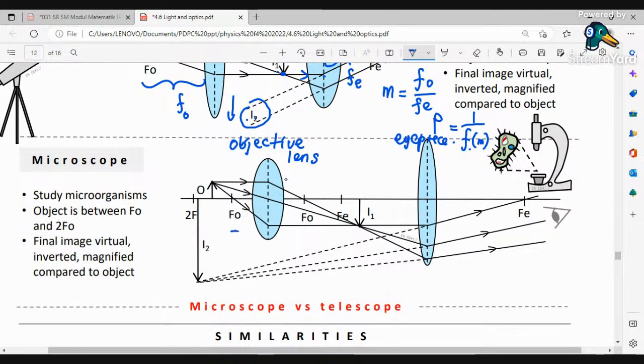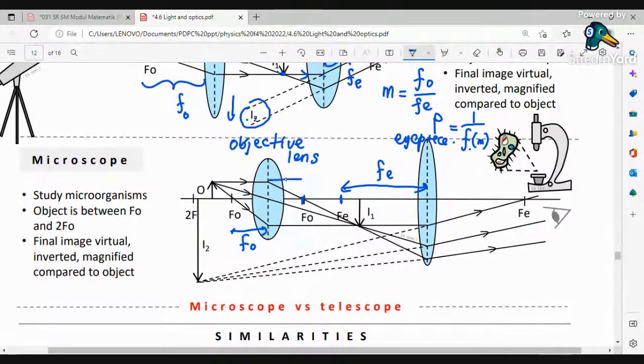As we know, the thicker one has a short focal length. So you can see here the focal length FO. For the eyepiece, ini focal length. You can see the focal length for the eyepiece is longer. Okay, now for the microscope, this is the objective lens focal length, and this is the focal point for the eyepiece. So we can put here FE, FE, FO, FO.